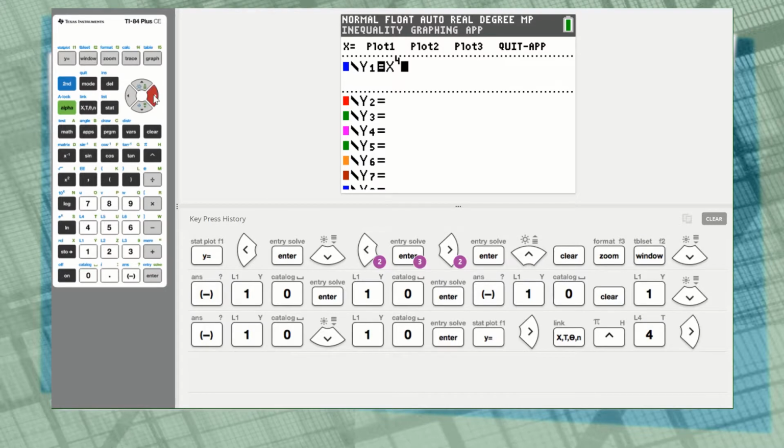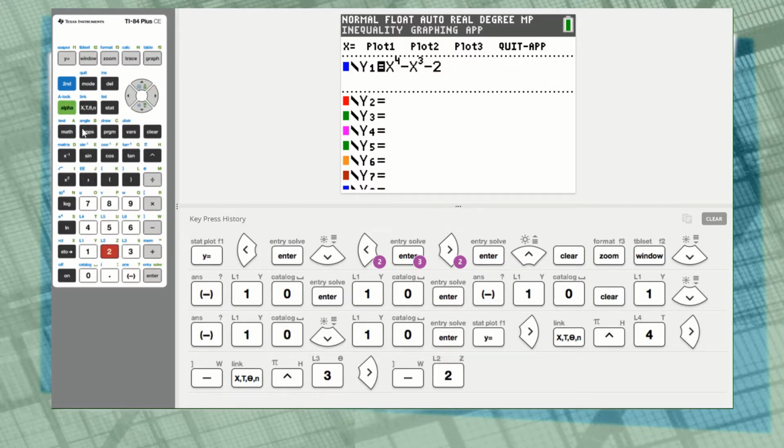And it was minus x cubed, so minus x caret 3. And then minus 2x squared, plus 4x, and then minus 6.